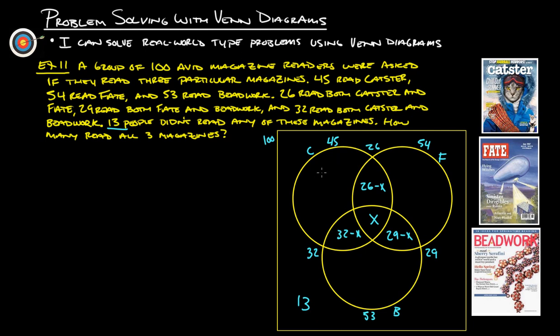So this is going to have to be the 45 minus all of those: minus 26 minus X, and also minus 32 minus X. And then this one over here, same idea: 54 minus 26 minus X, and minus 32 minus X. And then this one's going to have to be 53 minus 32 minus X for the middle one, and then minus 29 minus X.